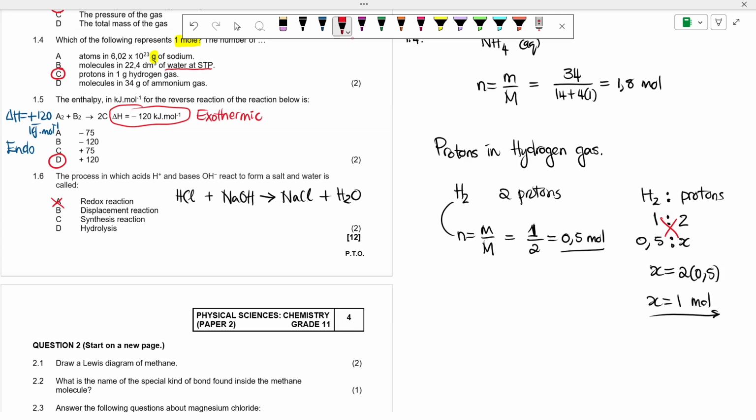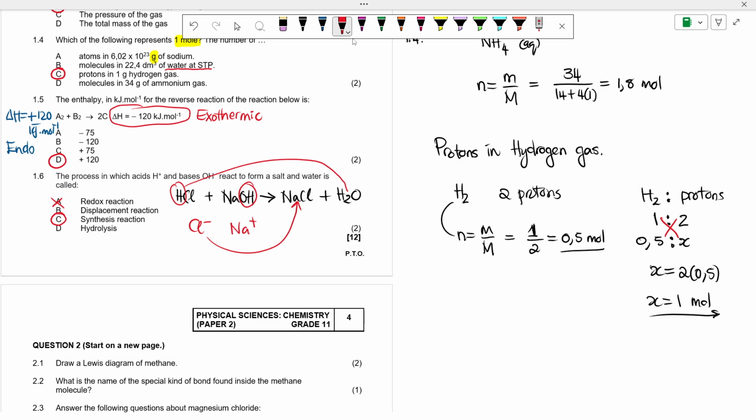And then you see that the H plus and OH minus combine to form water, and the Cl minus and Na plus combine to form NaCl. So this type of reaction is called a synthesis reaction.